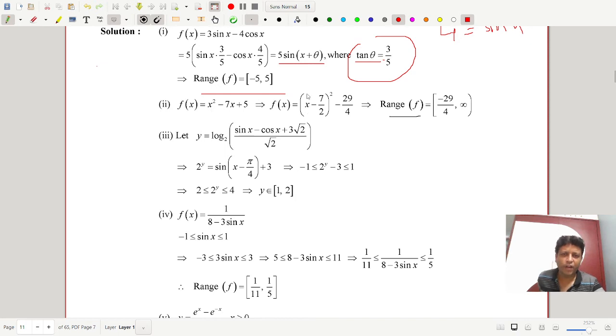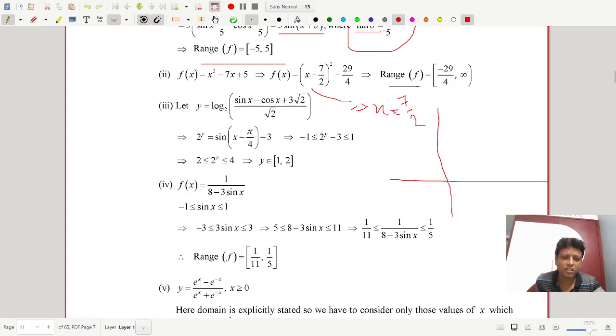Quadratic function, you can write some whole square minus 29 by 4. What is the least value of this quadratic function? Minus 29 by 4. Why? Because this square will be 0 when x equal to 7 by 2. So for x equal to 7 by 2, f(x) has minimum value minus 29 by 4. And what is the maximum value? The maximum value has no limit. The curve will be like this.